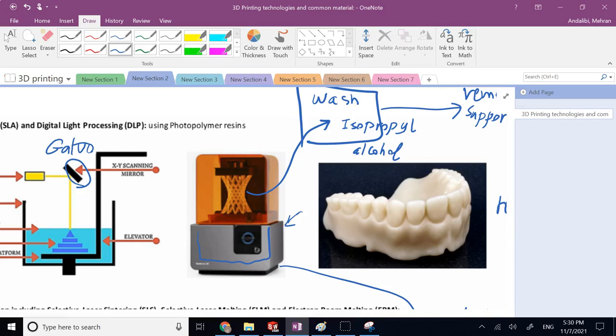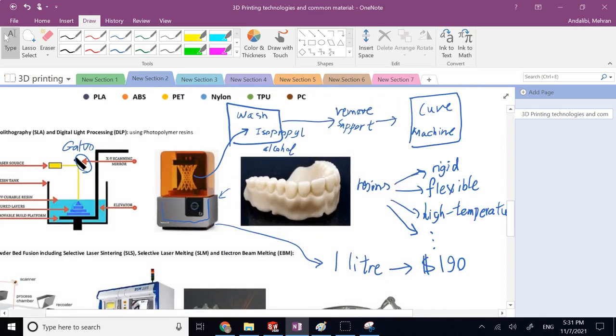FDM plastics, if you keep them in a dry environment and away from the sunlight, can live quite a bit longer than resin. So resin in general is more expensive. The material is biohazardous and it has to be cured and handled properly.